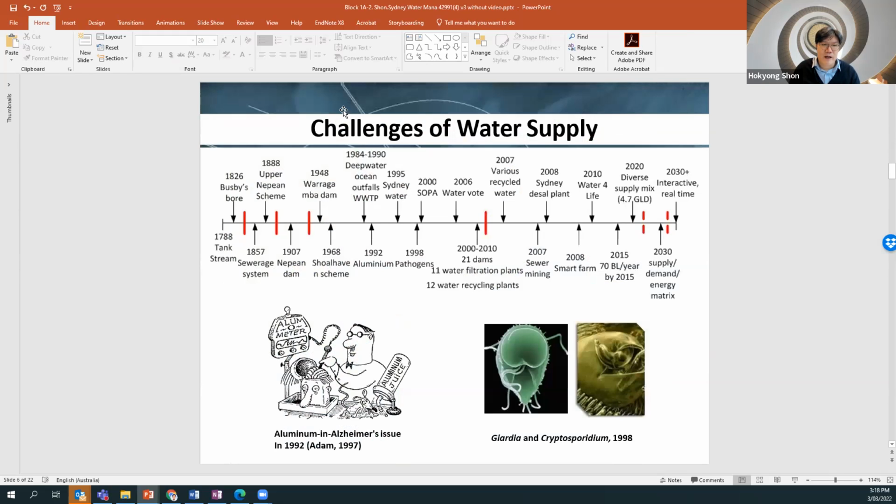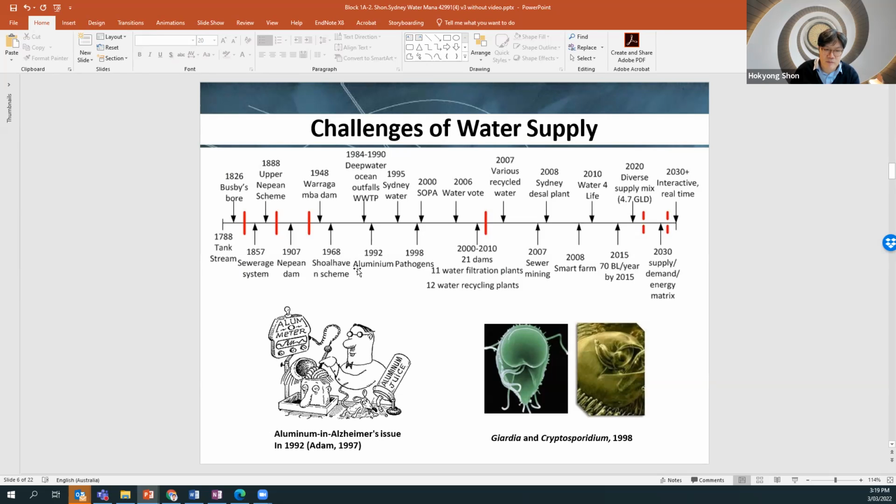And this is how we have faced some challenges of water supply. So in 1992, some researchers published a paper on aluminum in Alzheimer's disease. When you have your drinking water, tap water, we normally use alum, an aluminum coagulant. This aluminum coagulant treats your drinking water to remove turbidity, like clay or other large particles from your drinking water.